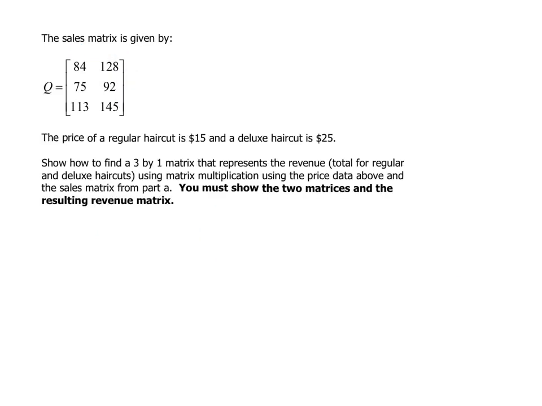In this next part, it says the price of a regular haircut is $15 and a deluxe haircut is $25. What we want to do is find a new matrix that represents the revenue for each store. Remember, here we have our Edmonds store, our Shoreline store, and our Northgate store, and these were regular and deluxe.